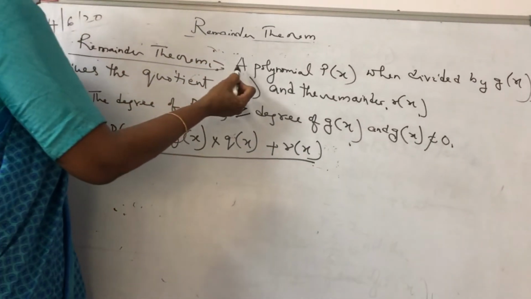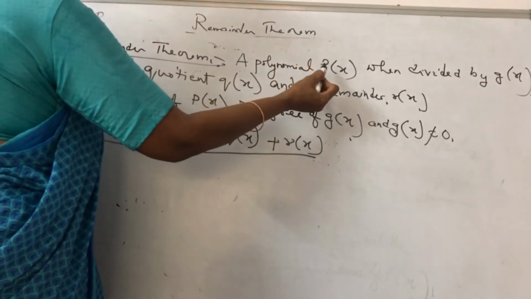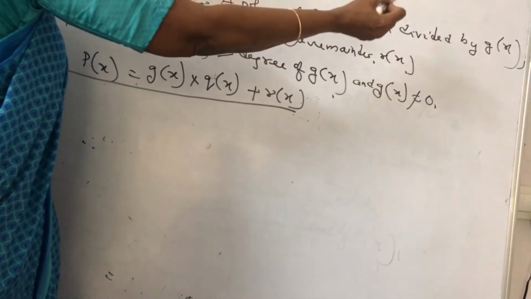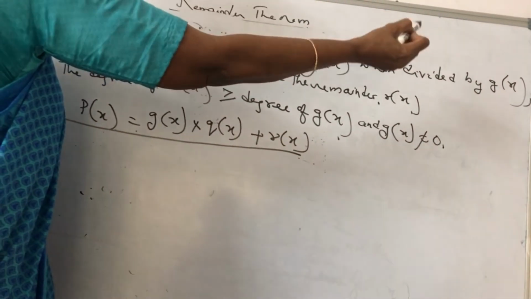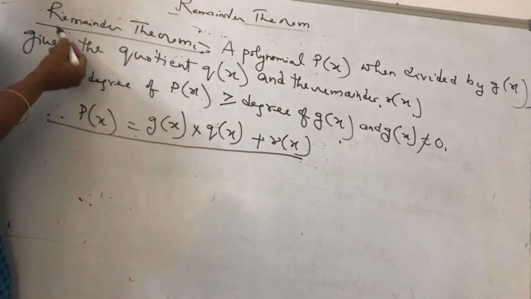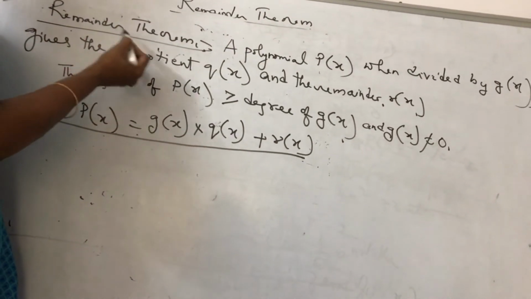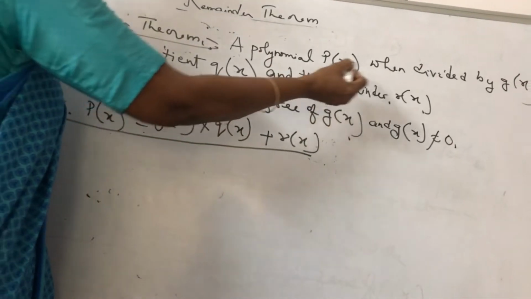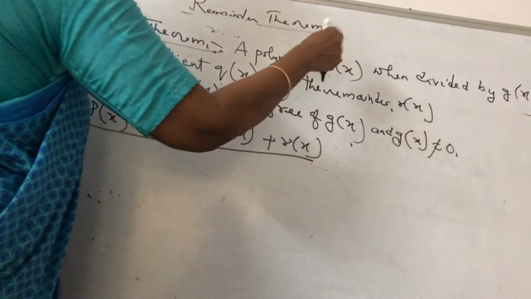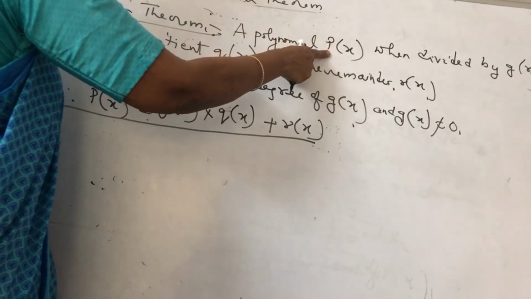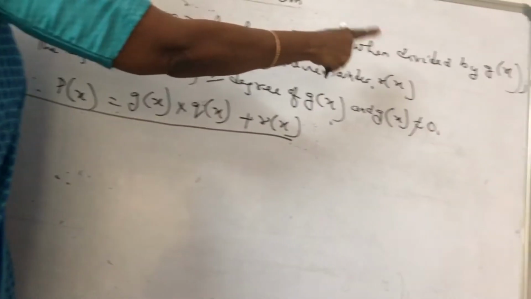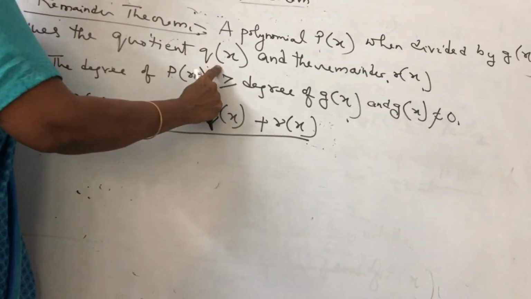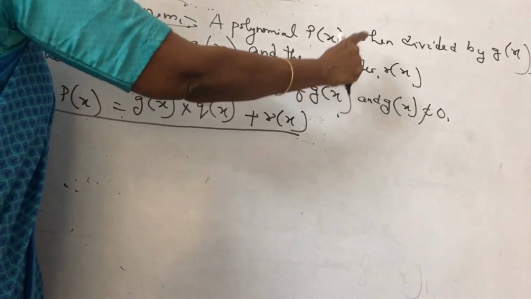A polynomial p of x when divided by g of x, that means your divisor is g of x, gives the quotient q of x and the remainder r of x. Dividend p of x, divisor g of x, quotient q of x, remainder r of x.